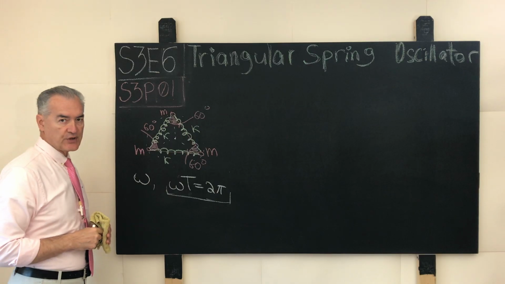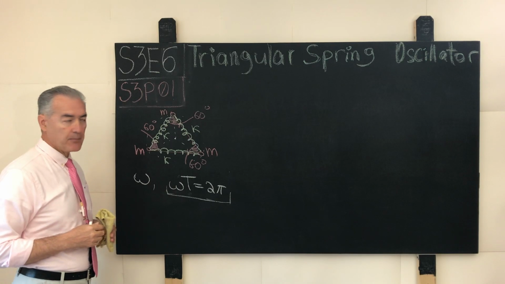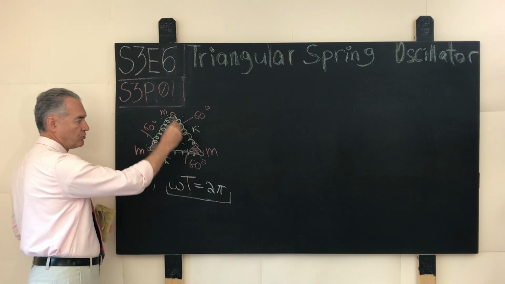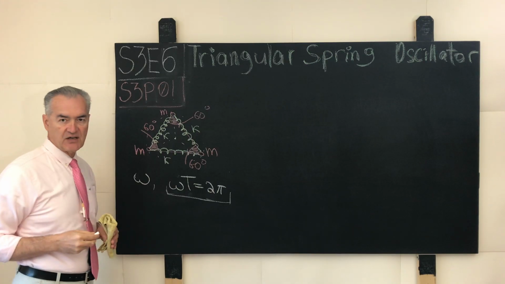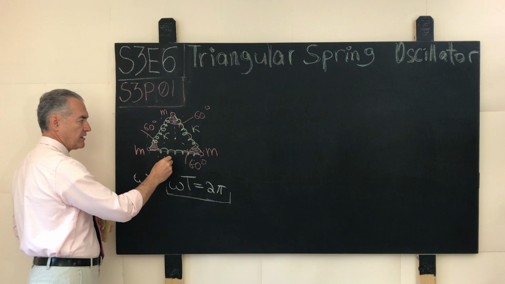And we're told that all three particles have one and the same mass m, and all three ideal springs have one and the same constant k.